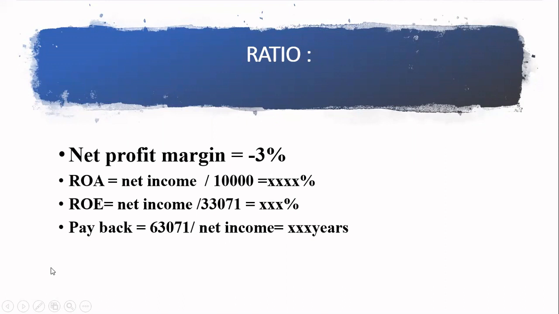If we want to know how many years it takes to cover your initial investment, all the investment that you are putting in here, the 63,071 divided by the net income gives you the number of years. So here you can cover and do all the financial ratios, and pay attention to the financial ratios by calculating the amortization, putting the rent in its proper way, calculating the net profit margin and the payback period.